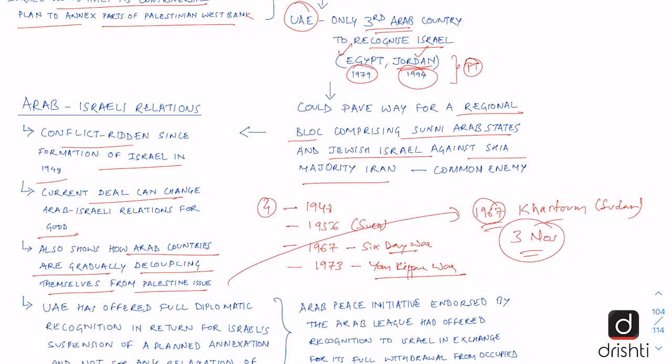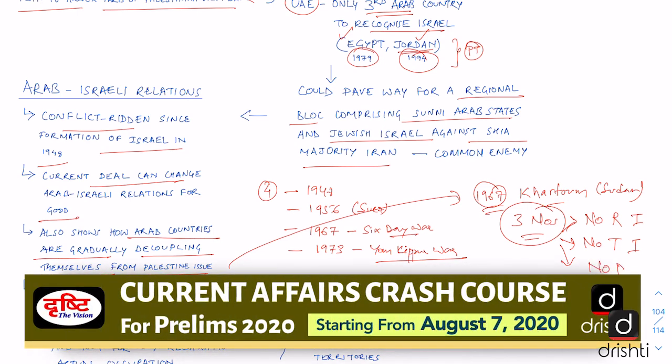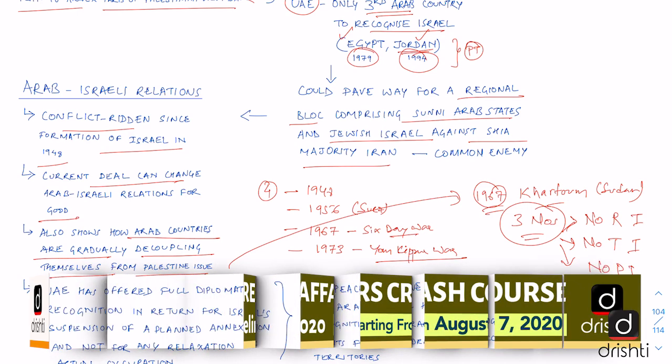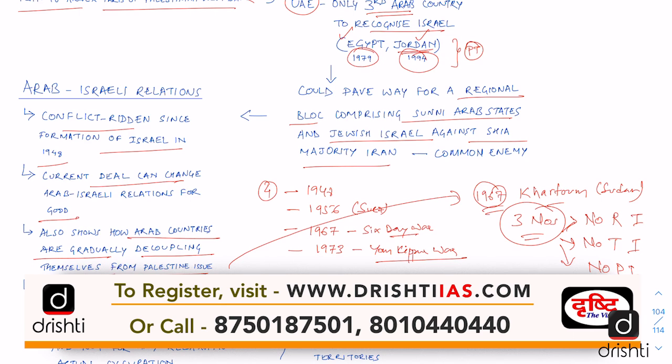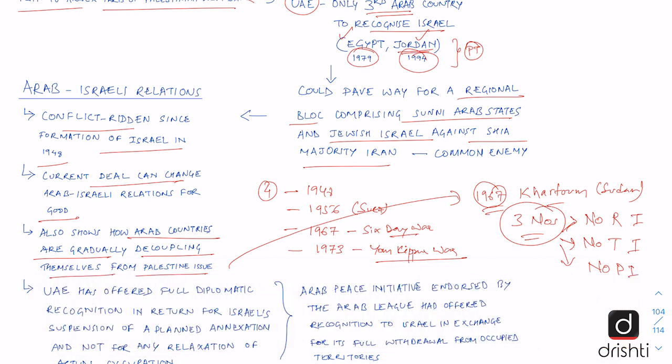These 3 no's meant that there will be no recognition given to Israel, there will be no talks with Israel, and there will be no peace with Israel. But since then, a lot of things have changed and the Arab-Israeli relations have been on the mend.